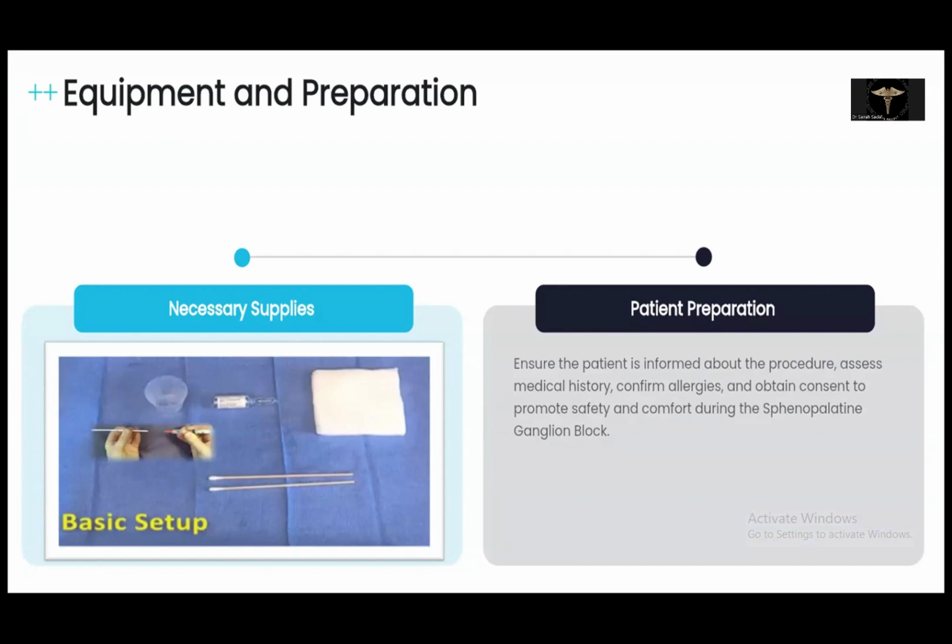The Q-tips, gauze, local anesthetic. Sometimes you might need a syringe and sometimes not. And then over here in the patient preparation, ensure the patient is informed about the procedure, assess medical history, confirm allergies, and obtain consent to promote safety.